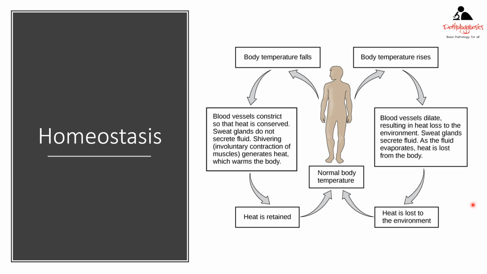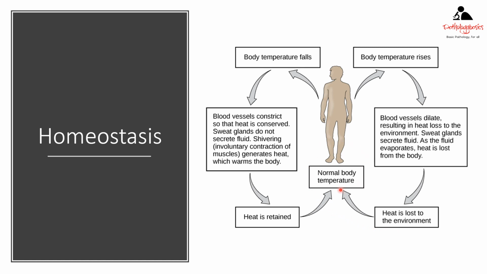If I consider the example of regulation of body temperature, when the body temperature falls, the blood vessels constrict, as a result of which heat is retained and the body can return to the normal body temperature. Conversely, when the body temperature rises, the blood vessels dilate and this results in heat loss to the environment. Again, the body can return to the normal body temperature.